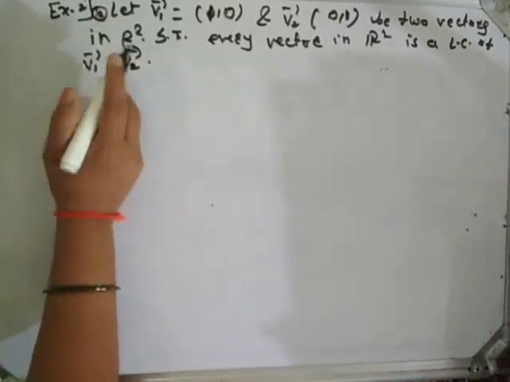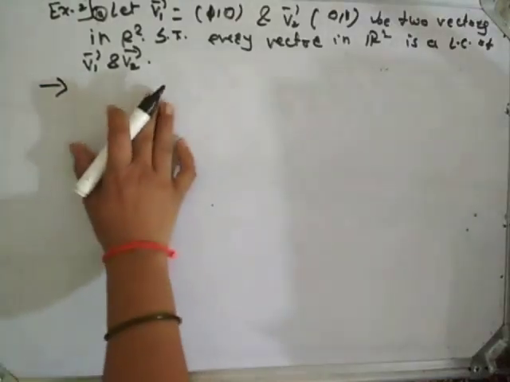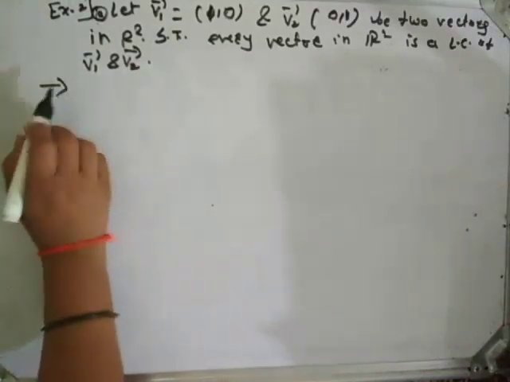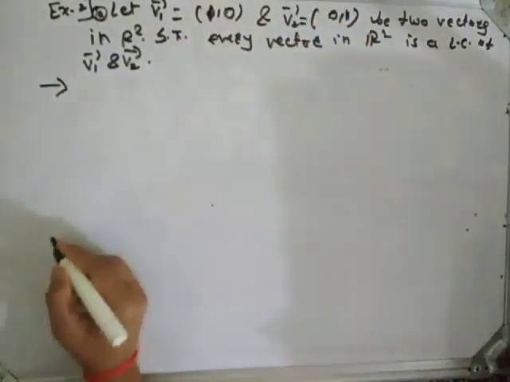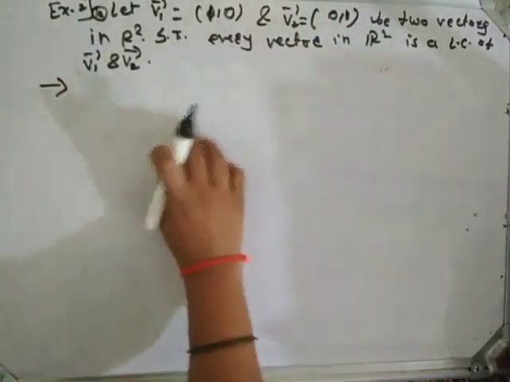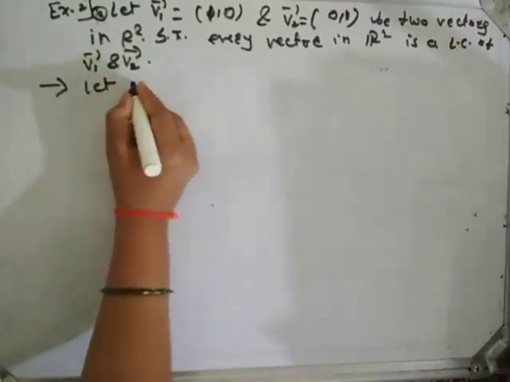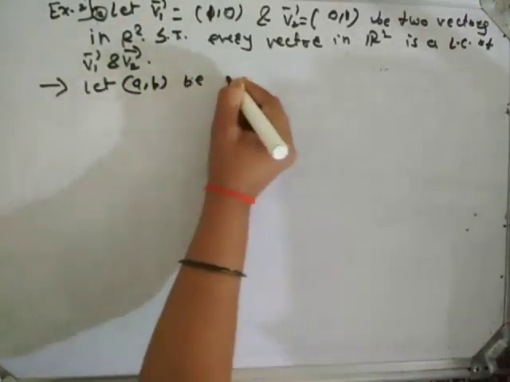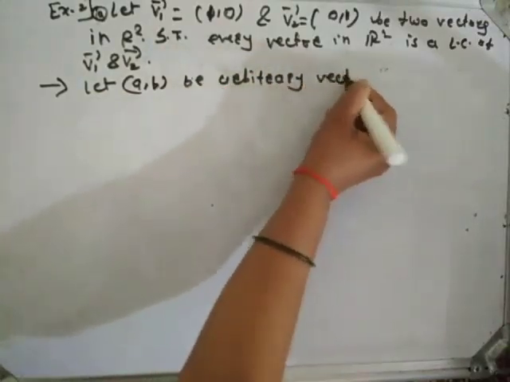Okay. First we will solve A, then I will write B and solve it. Okay. Here we have been given v1 bar and v2 bar. We have to show that every vector in R2 is of the form ordered pair (a, b). Let the ordered pair (a, b) be an arbitrary vector in R2.